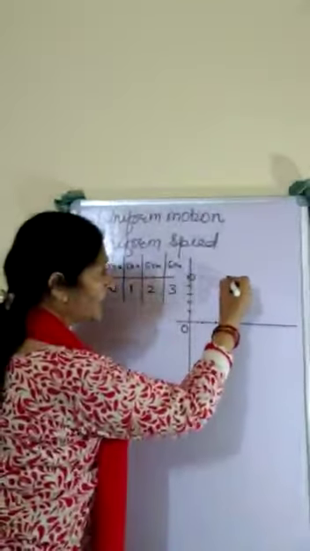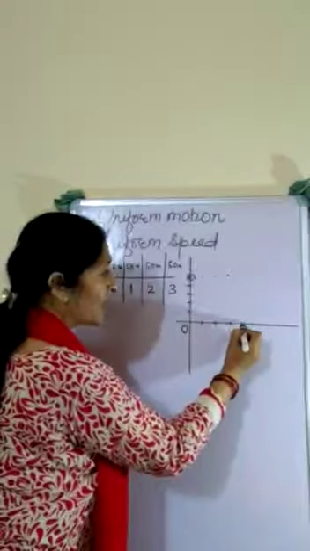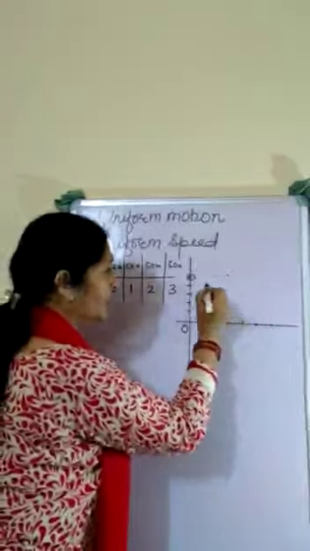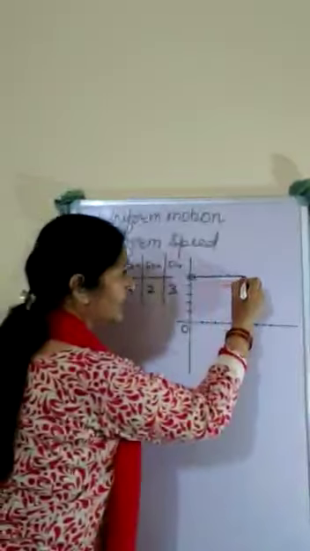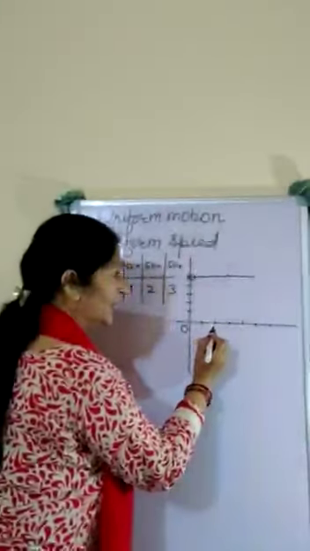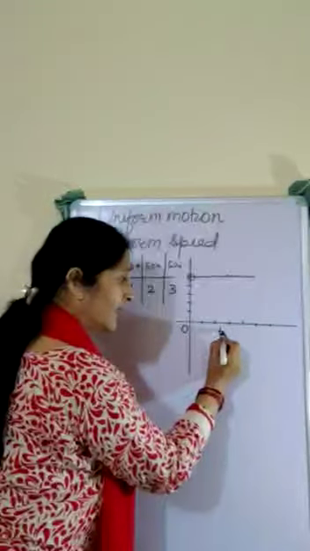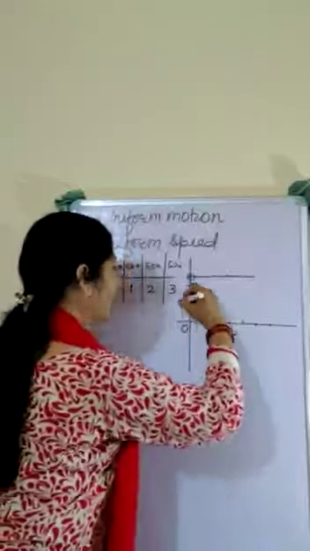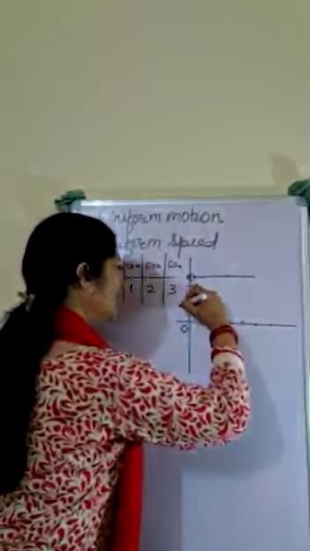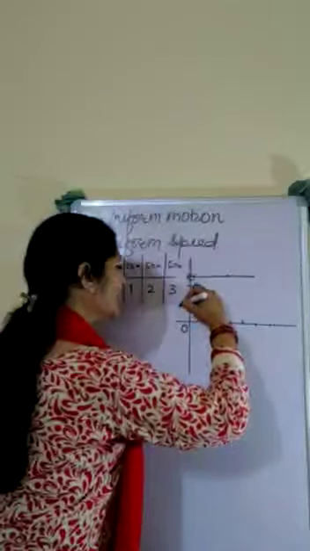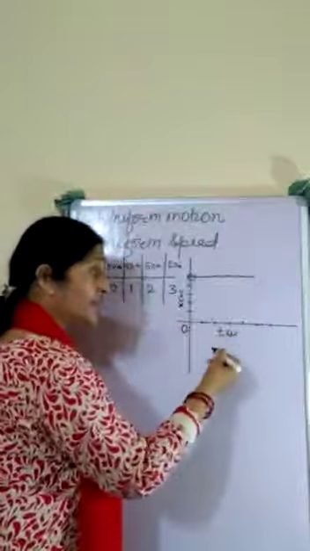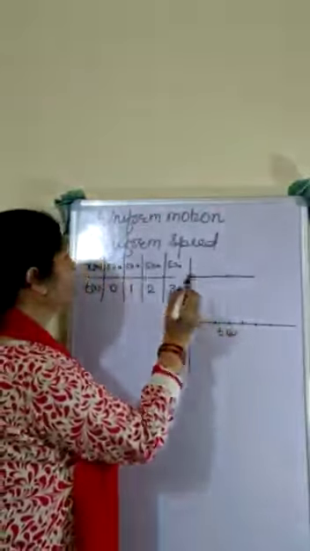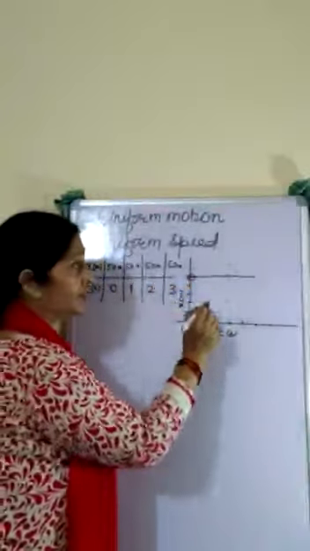At 3 seconds, the position of the body is 50, and so on. We will finally get a straight line parallel to the time axis. We will write here time in seconds and d or x for the displacement in meters. This is the graph for the body at rest.